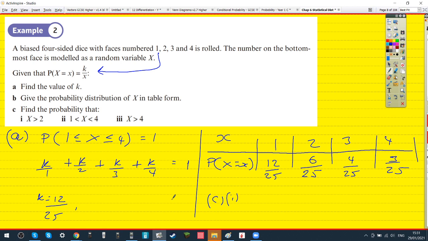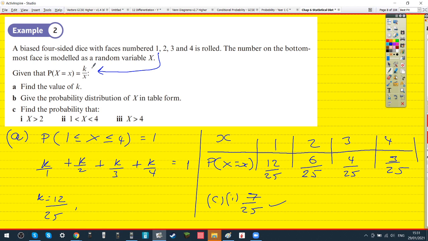Sorry, what are we doing now? C, probability X is greater than 2. So are we now doing 4 over 25 plus 3 over 25? Yep. What's that? So 7/25, yeah. So you're good for that bit. So that's what this is now.